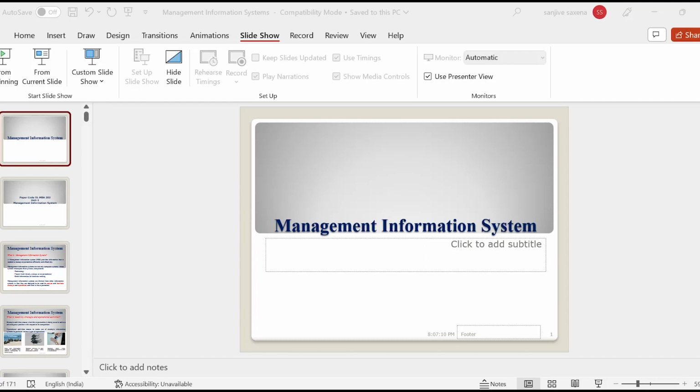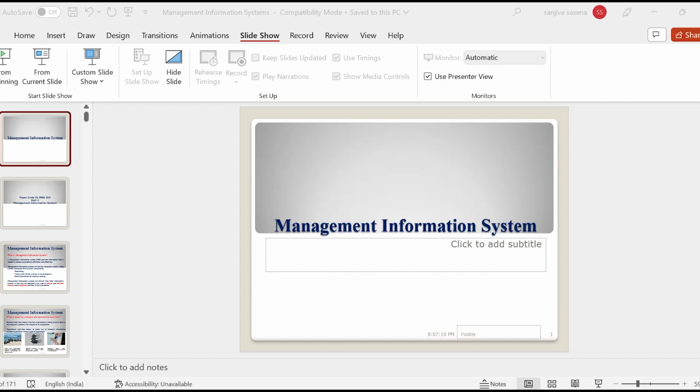And what is the purpose? To provide information that is needed to manage the organization efficiently and effectively.